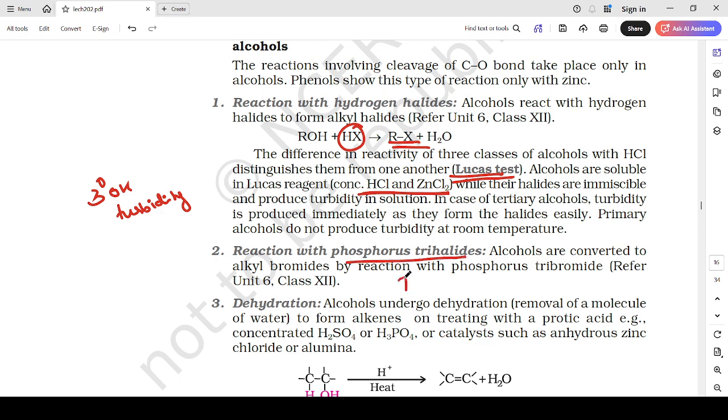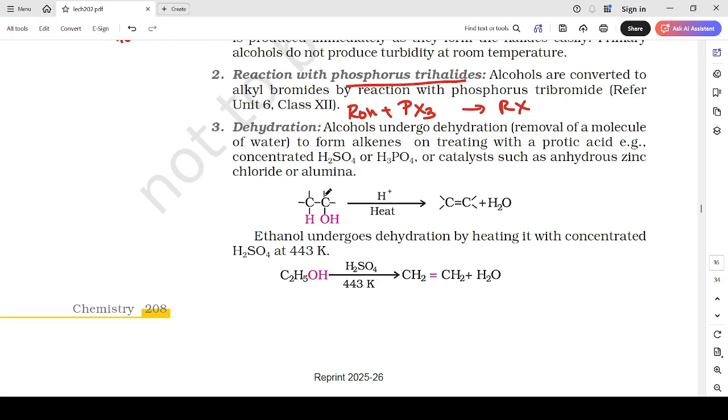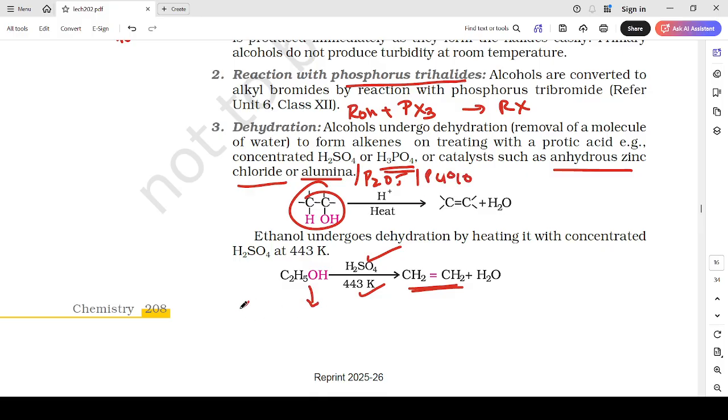Reaction with phosphorus trihalide: ROH when I treat it with PX3 gives me RX.